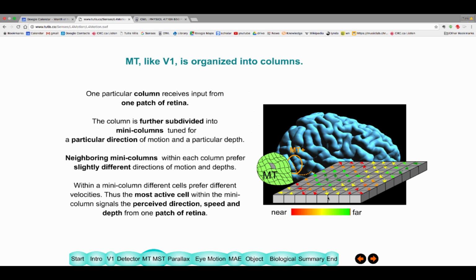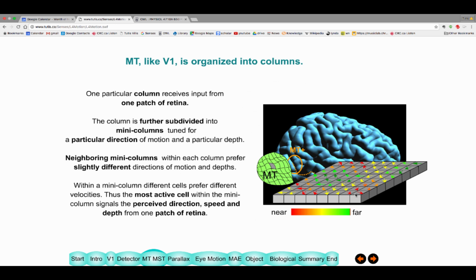The colors indicate what distance the moving object is. The ones in green say it's something farther away. The ones in red are something that's nearer to you. So we can see that all these different directions and these different locations in depth are being mapped here.